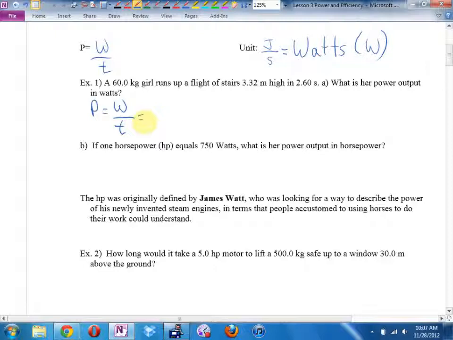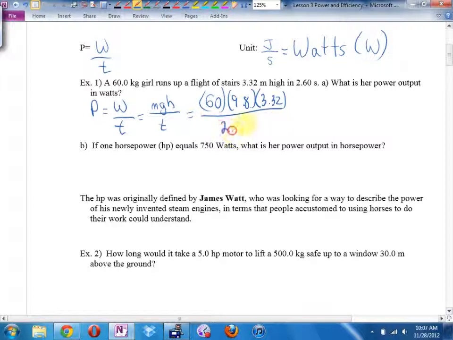Gravity. In fact, really, the amount of work or the amount of energy that she's changing, she's gaining gravitational potential energy. It's coming from the food that she ate. Divided by time. Her mass, it says, is 60. 9.8. A height of 3.32, a time of 2.6 seconds. How many watts of power is this girl generating?